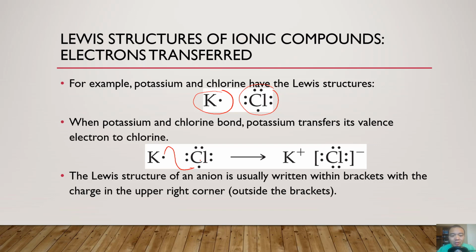So both potassium and chlorine are now in a stable electronic configuration. That's the Lewis structure for potassium chloride.